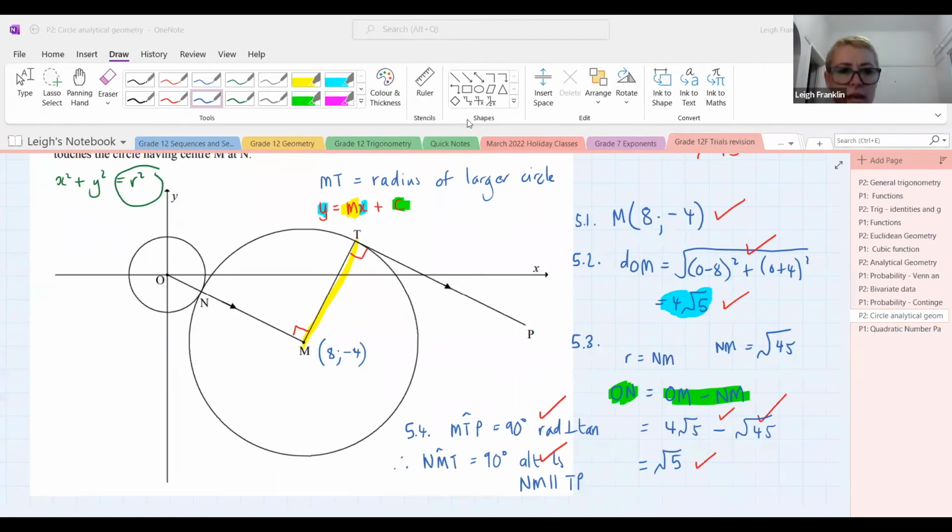Oh, Daniel, what have you said? The lines are perpendicular, so if you times them, they equal -1. Okay, if you times what, Daniel? What about the lines? Do you get -1?